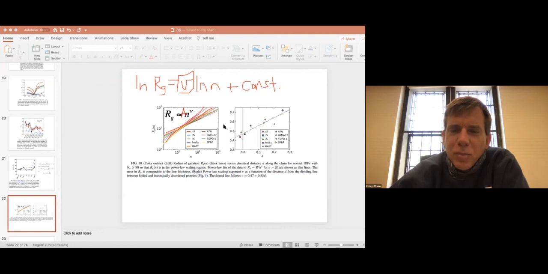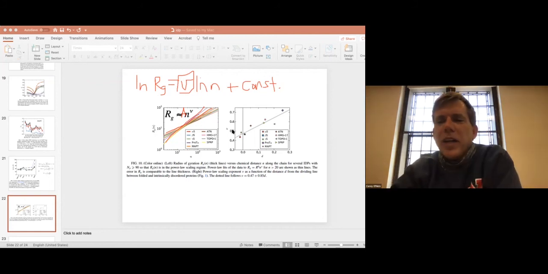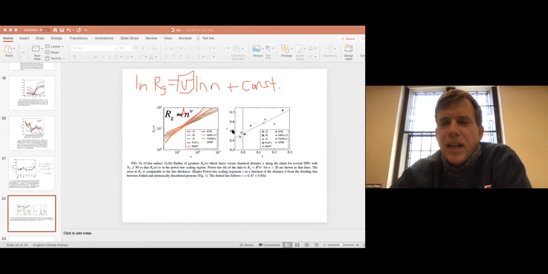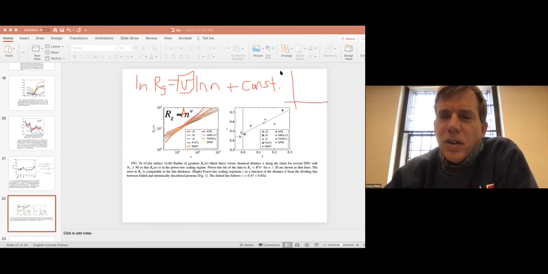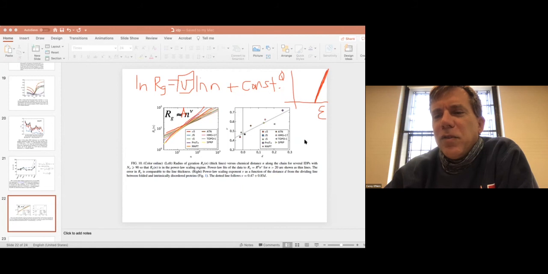And those slopes are plotted on the right-hand plot as a function of distance from the, so I think on slide number 5, I had Q versus epsilon, and I had a sort of putative line that went from the lower left to the upper right. And so D is the distance from this line.